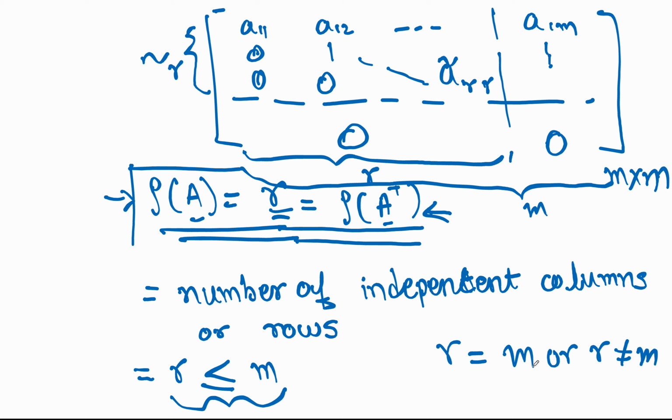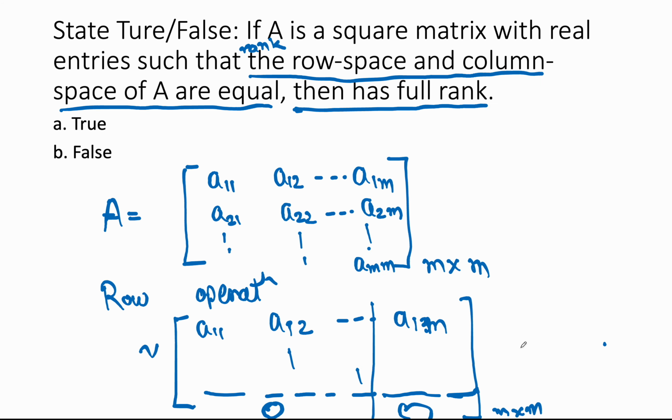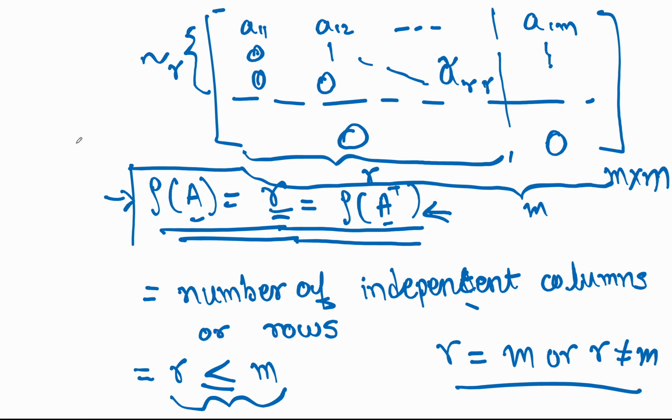So even if the rank of A or A transpose will always be equal, that doesn't guarantee that it is a full rank matrix. So this statement is false. Okay, so I hope this is clear. We'll go to the next question.